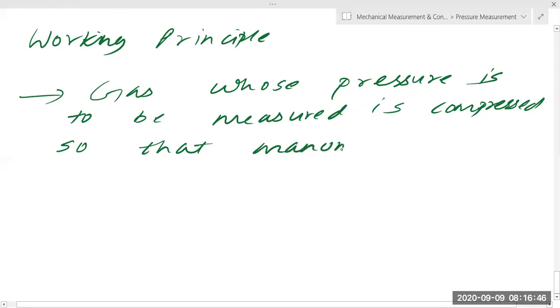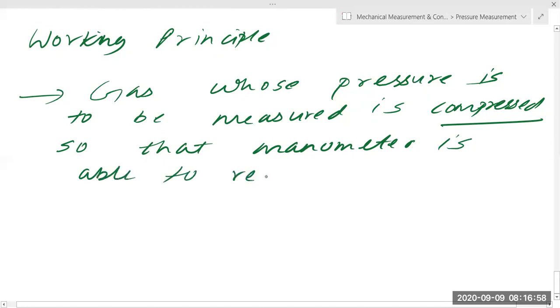If we simplify, that is what is happening. The manometer is able to read the height of the compressed gas efficiently. That's it. Simple as that.